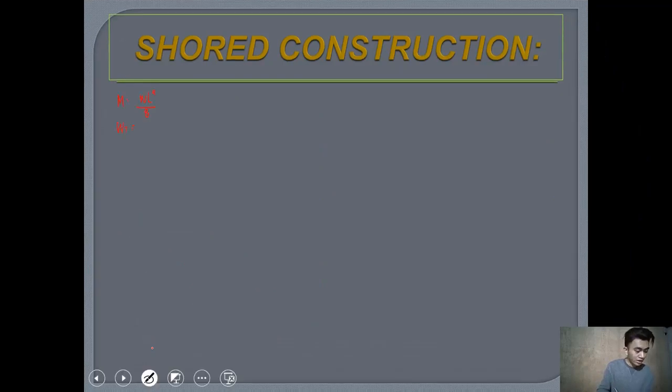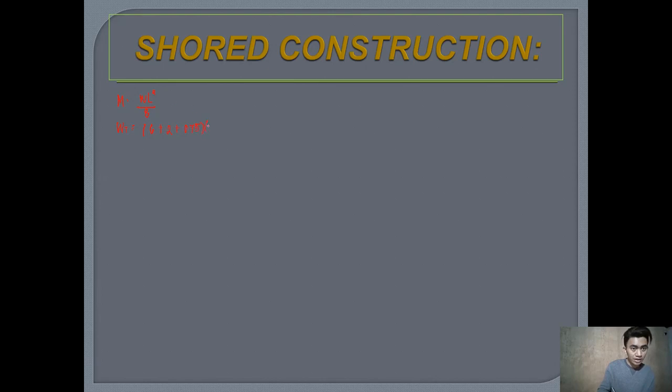So for weight total, we are going to include first your live load, which is equal to 6, and then add now the construction load, which is equal to 2 kilonewton per meter squared. Then what else? We are also going to include now the additional load, which is 0.75 kilonewton per meter squared.